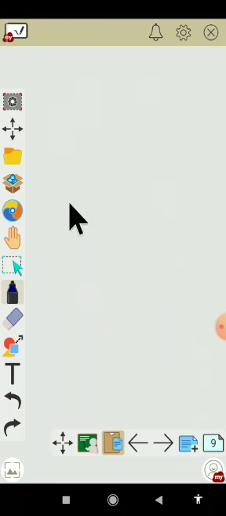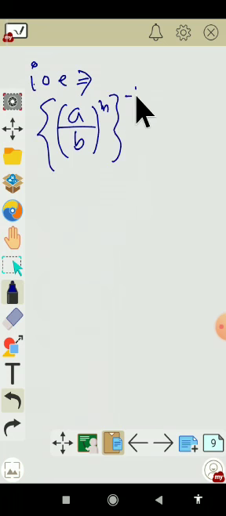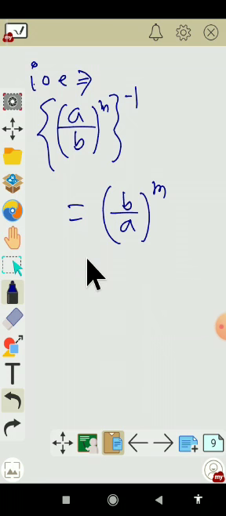Symbolically, the reciprocal of a by b to the power m, that is its inverse, will be b by a to the power m. So this is the answer. We have to remember that when the power is positive, we write the denominator to the numerator and the numerator to the denominator.